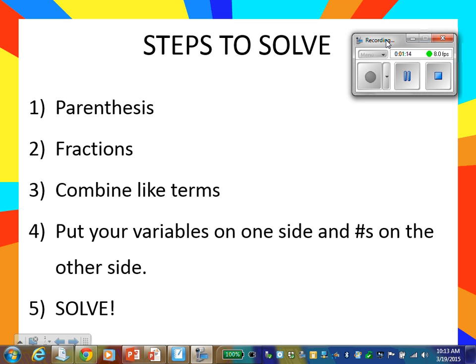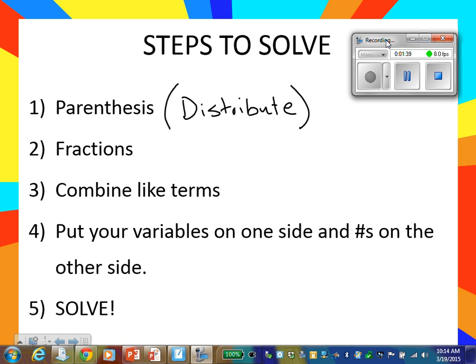Looking for a keyword being, distribute. That's what I'm going to want you to do. I want you to distribute the number on the outside to everything on the inside. What will happen to the parentheses? They'll go away. We'll get rid of them. So we'll get rid of our parentheses by distributing.